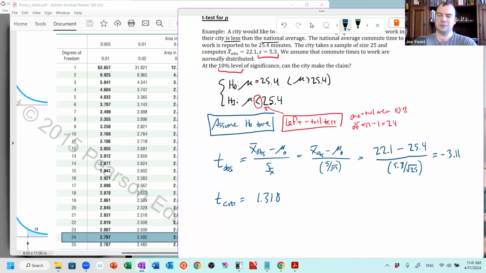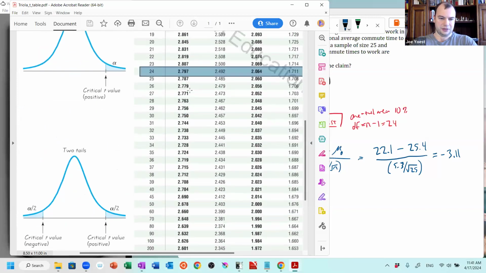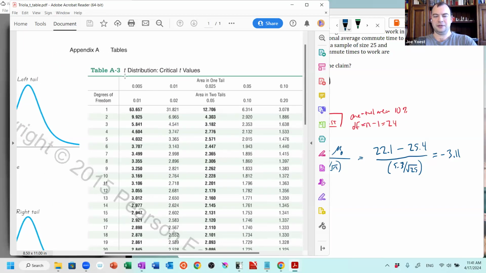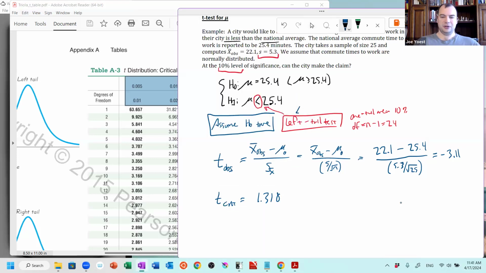Now, keep in mind, this is a left tail test. I'm looking for areas in the left tail. Really, this gives me areas to the right. So this is right tail areas of 10 or 20% or 5% or whatever. To flip that to a left tail area, I just use the symmetry.